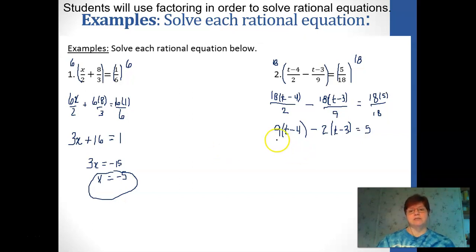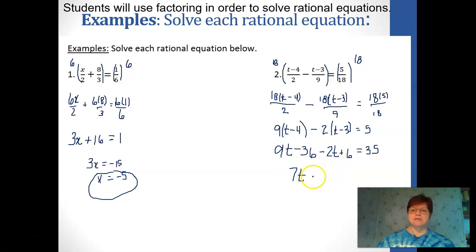So when we solve our equation, 9 times t is 9t minus 36 minus 2t plus 6 equals 5. Do you already see how it's going to work out? 9t minus 2t is 7t.